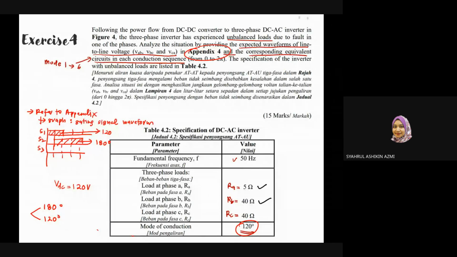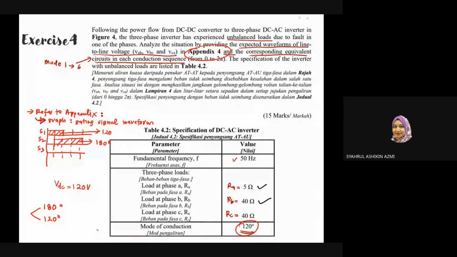So if let's say you read the question for the three-phase inverter but you didn't find any information on the mode of conduction, whether it's 180 or 120, what you need to do is flip through and check the appendix, the one where you need to sketch the waveform, whether it's phase voltage or line to line voltage. Okay, normally it will be in the appendix.